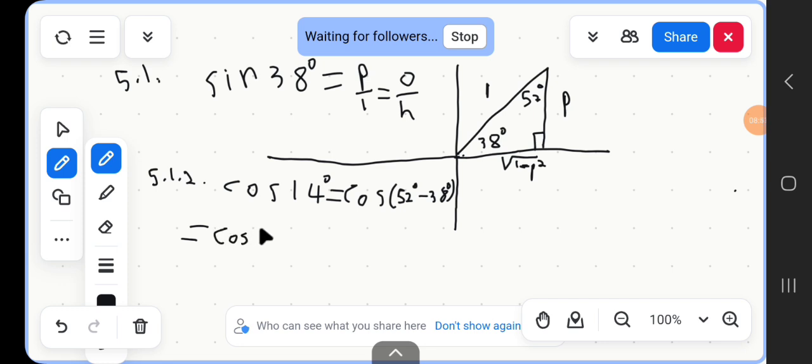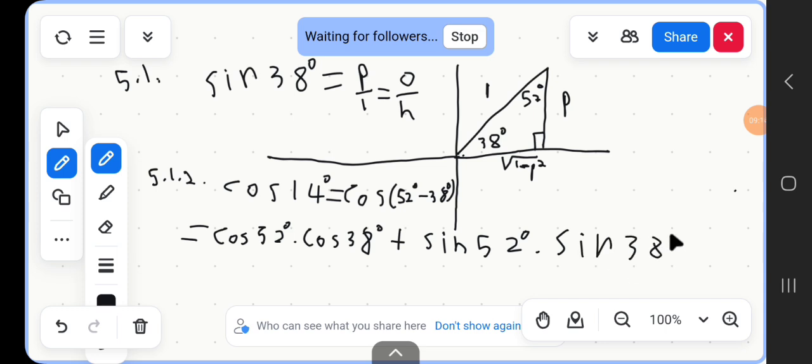We say cos 52 degrees times cos 38 degrees plus sine 52 degrees times sine 38 degrees. This is basically what we do all the time. From this instance, you can see that that 52 plays a huge role in us finding what we want.